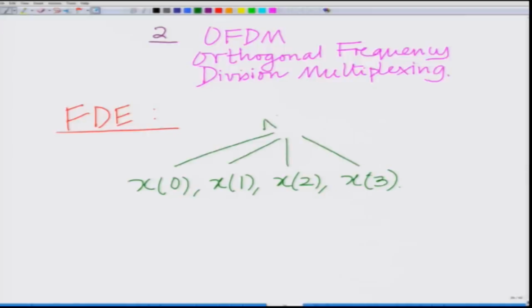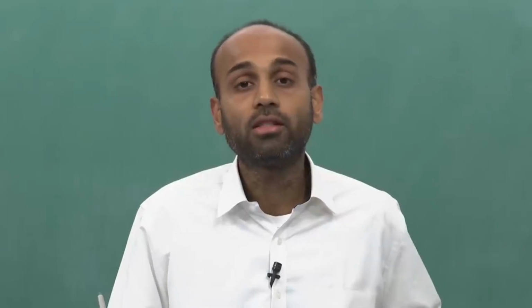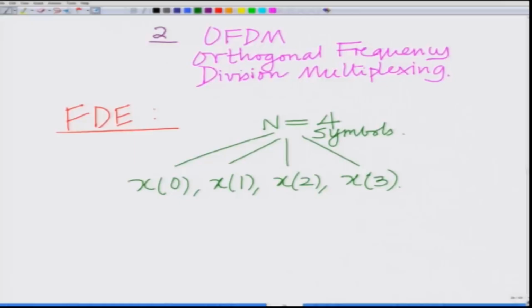Remember in OFDM, the small x's are the time domain samples which are generated by the IFFT of the symbols loaded onto the subcarriers. However, in FDE we directly transmit the symbols, so there is no loading of the symbols on the subcarriers. Instead, small x0, x1, x2, x3 are the symbols which are directly transmitted with one modification, that is adding the cyclic prefix.